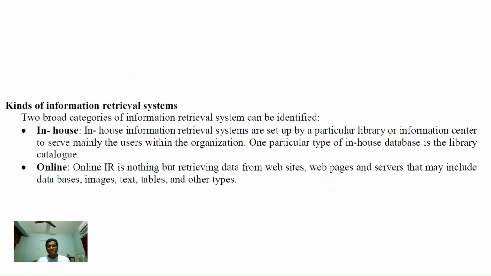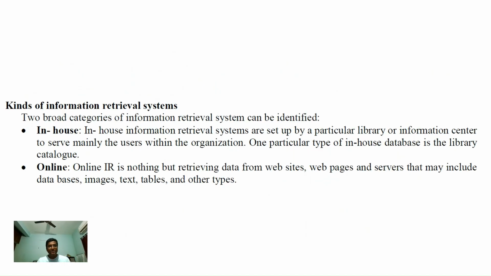And if you break it down a bit more broadly, what are the kinds of information retrieval systems? There are two broad categories: one is in-house, the other is online.